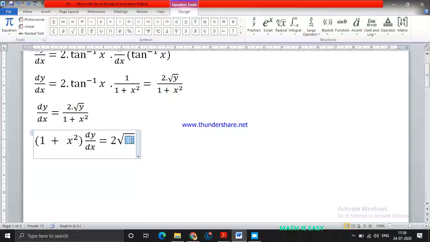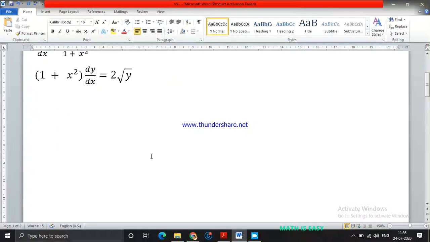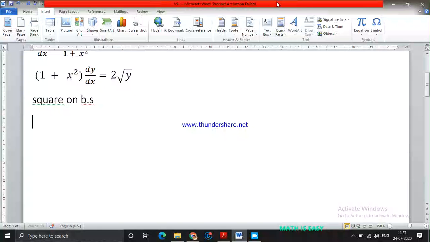Okay, just I am sending the denominator to the LHS. Now if I want to remove the root on both the sides, can I do the square on both sides? Square on both sides. So if I do square on both sides, let's see what you will get.